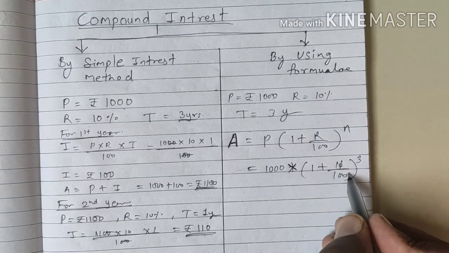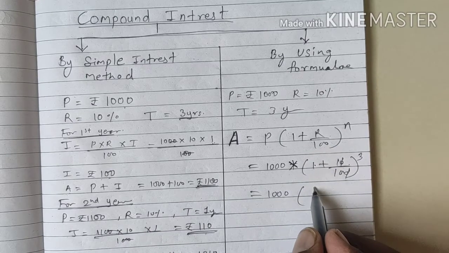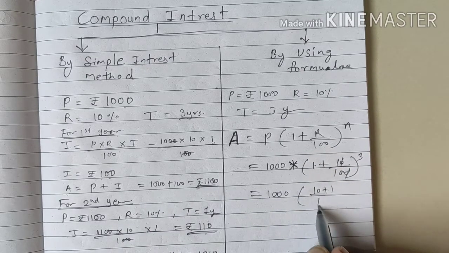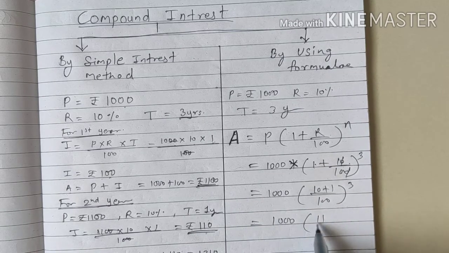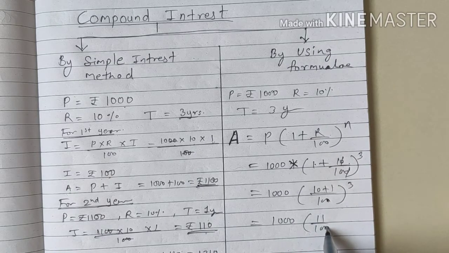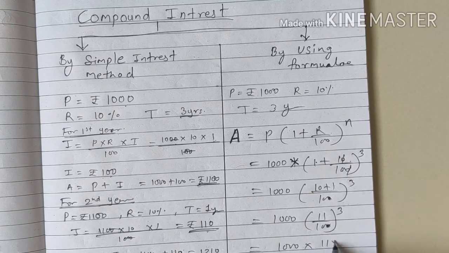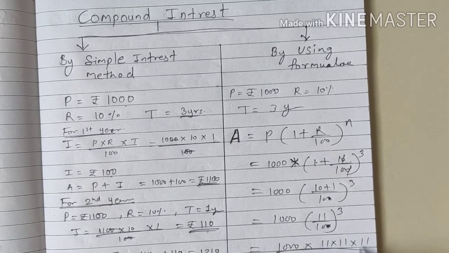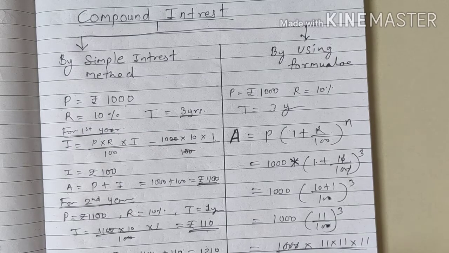It becomes 1 plus 1 upon 10, that is 11 upon 10 raised to 3. 11 into 11 into 11 upon 10 into 10 into 10, and the amount becomes 1331.